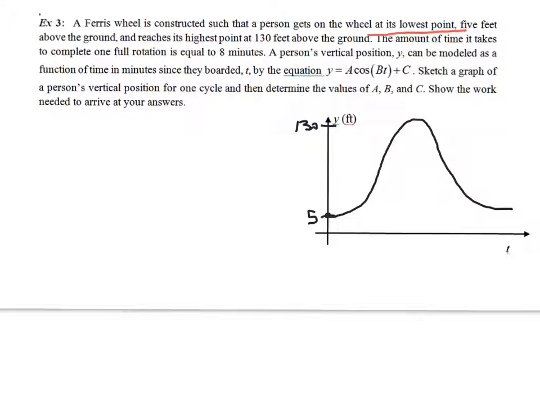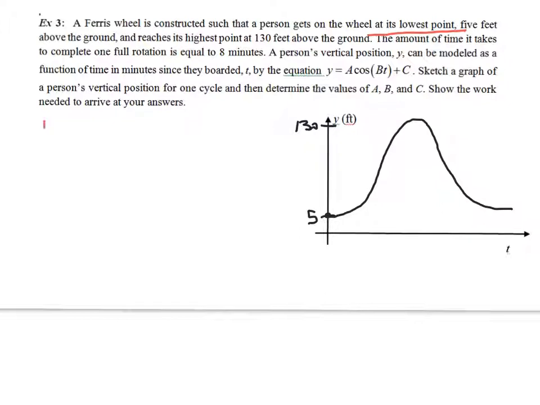Let's start with the A value. So to calculate the A, actually let's start with D instead. For the D value, I know that I want to find my midpoint between the 5 and the 130. Again, that's going to be my average value.